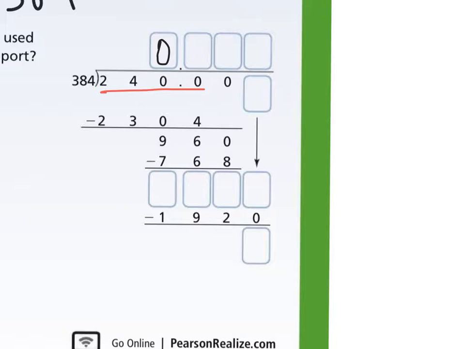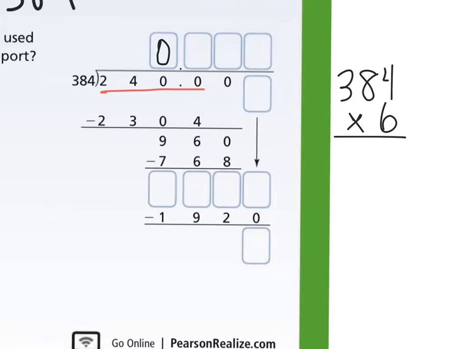Well, you might think, if we drop off the last two digits, 3 into 24. 384 is actually closer to 400 than 300 though. So let's think about 4 into 24. How many times does 4 go into 24? 6 times, good. So let's try 6 and see what happens here.